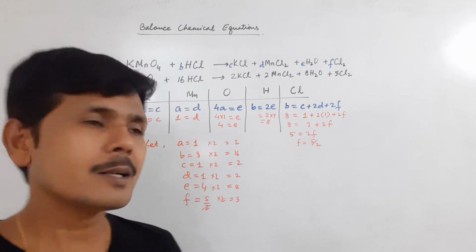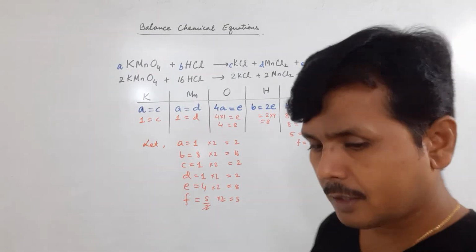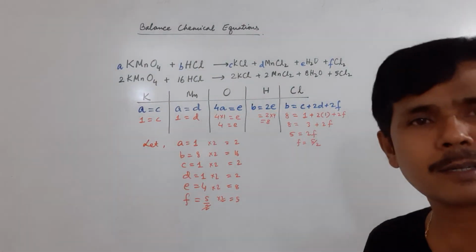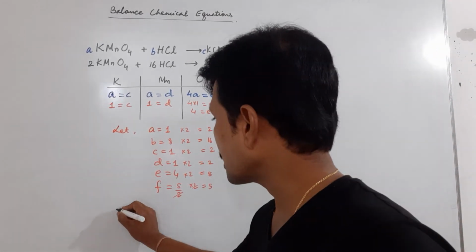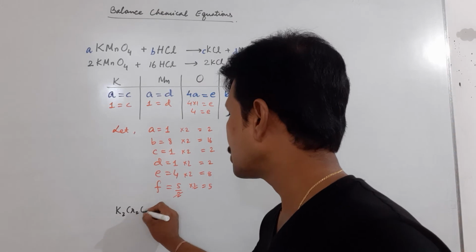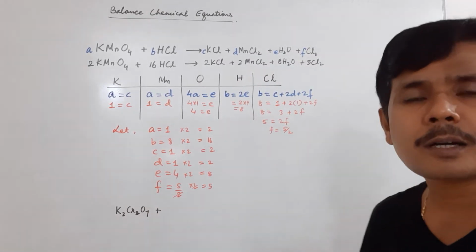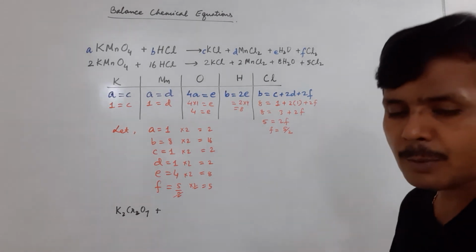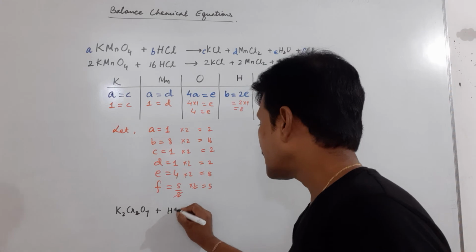Okay. We will take another example. Suppose I take potassium dichromate, K2Cr2O7. I am going to heat it with hydrochloric acid, HCl.